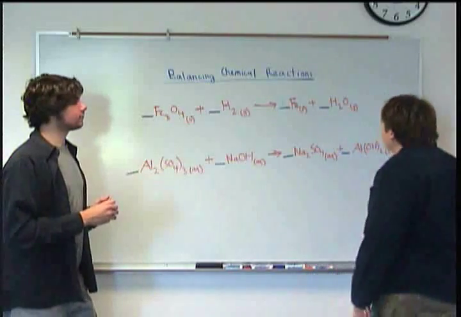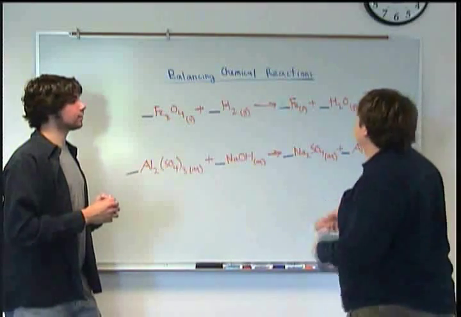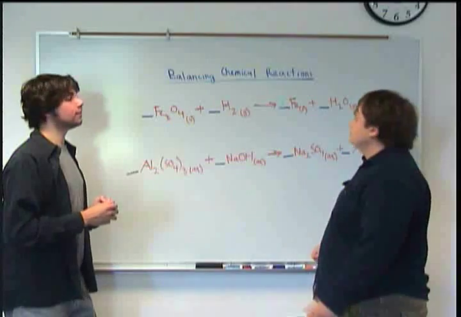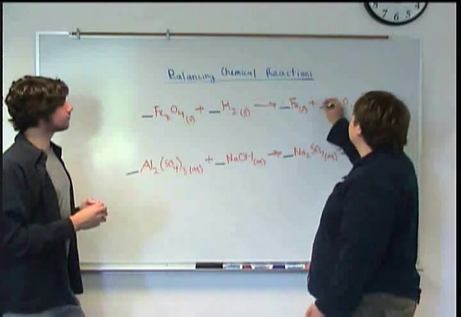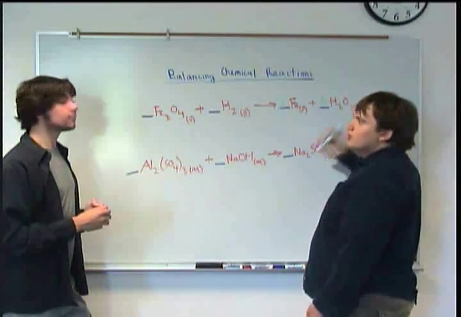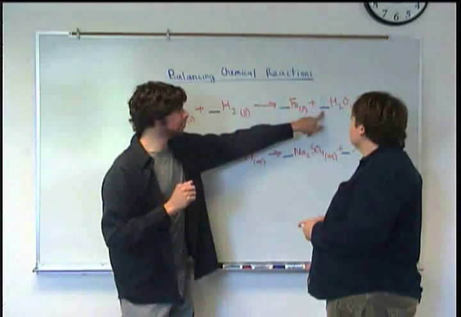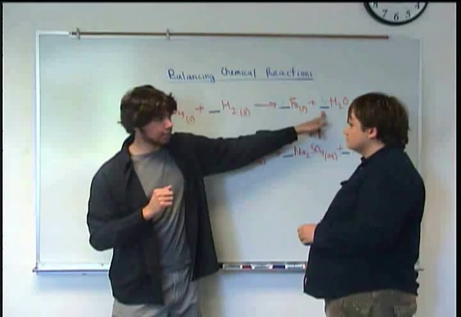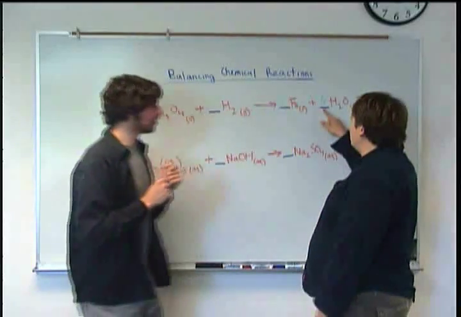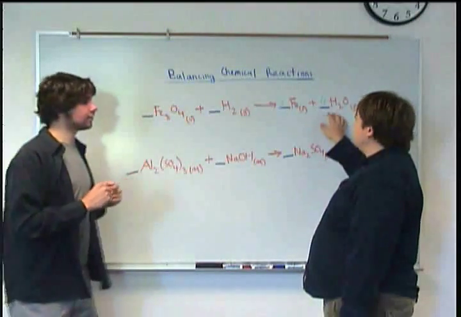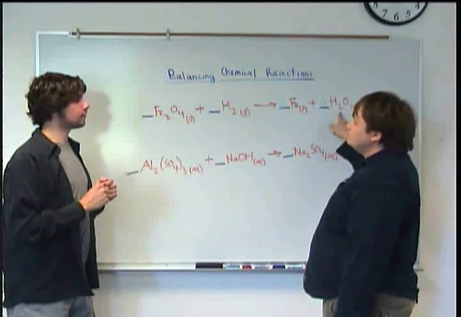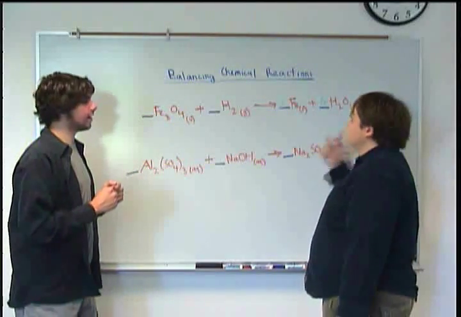Can't put any subscripts in, so I'll just have to put in a coefficient. So if I put a 4 here, that'll give us 4 oxygens. Yep. But remember, since you put the 4 there, you're also changing the number of hydrogens. Oh, so basically you're taking 4 times the 2 H's, so that's a total of 8.